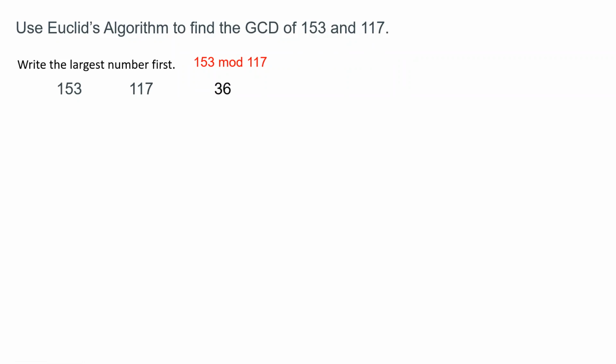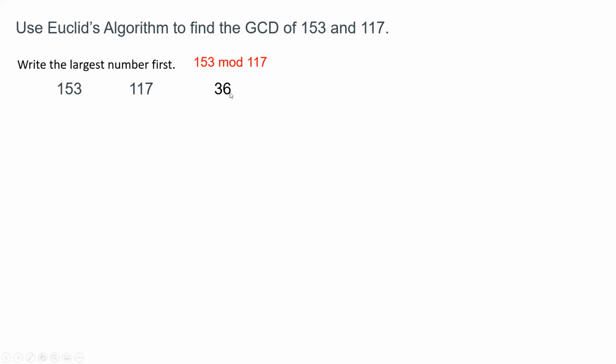You'd have to use your calculator, and with bigger numbers it's not real obvious right away. So in all of this, I'm just going to tell you what these values are when we use the mod function, and you'll know that you could go find that yourself. Anyway, it turns out we get 36.